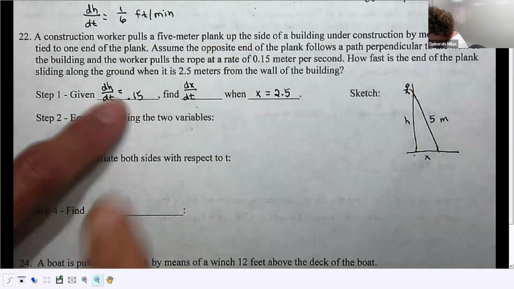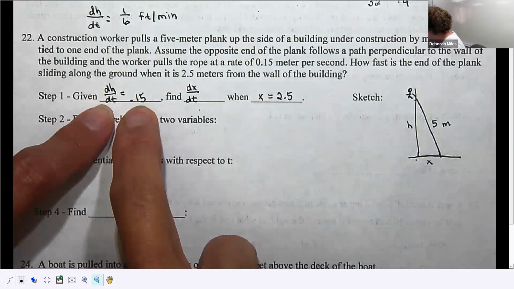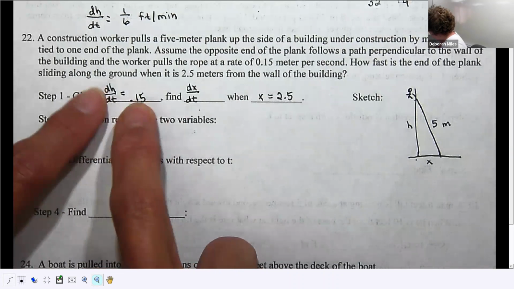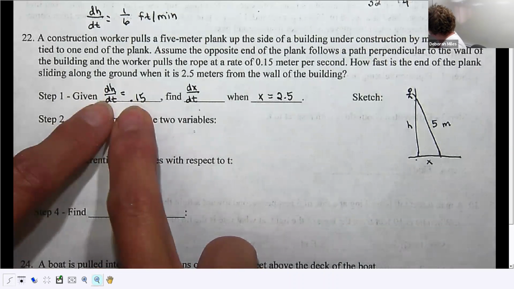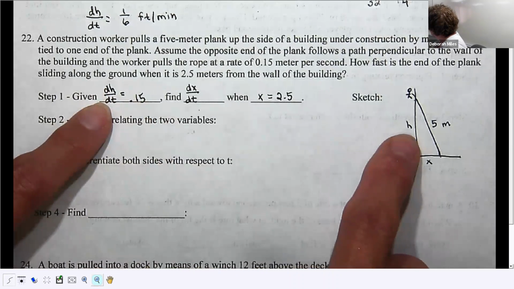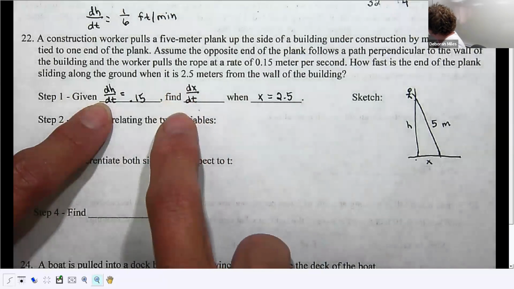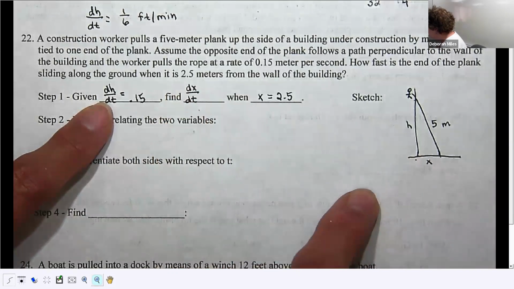What does that mean about dh over dt, if h is getting bigger? Well, it's going to be positive. So I'm right in having dh over dt positive 0.15 because h is getting bigger. When I solve this, do I expect to find a dx over dt that's positive or negative? Negative, because x is getting smaller.